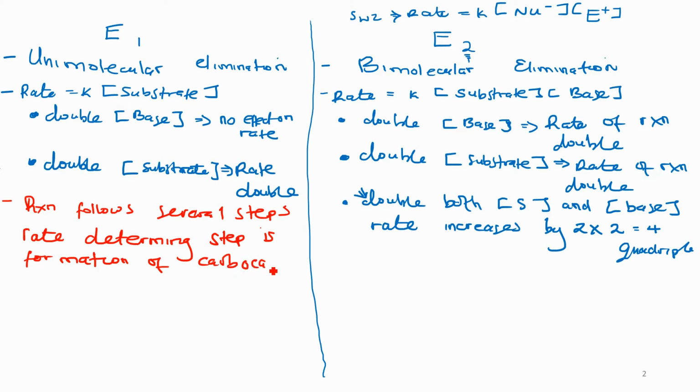So again, like SN1, we had to form carbocations. That's why E1 always competes with SN1, because both of them go through formation of carbocation. So we'll say here like in SN1.